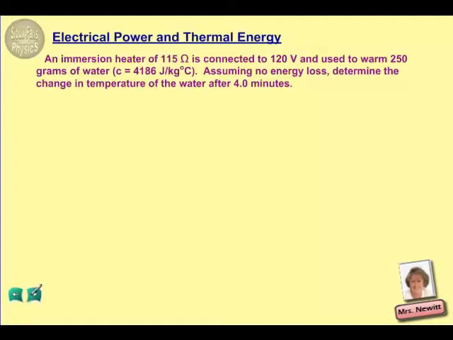Well, our first step here is going to be to figure out the power supplied by the immersion heater. And similar to previous examples, our equation for power is current times volts. That can be rewritten as voltage squared over the resistance, which uses the information straight from the problem that we're given.